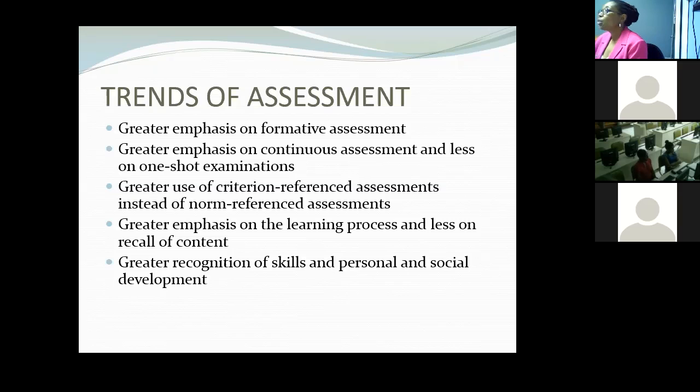Continuous assessment could also be summative. Doesn't have to be formative. All right? So when we say we have continuous assessment, it means that it's ongoing. But it could be ongoing summative assessment, meaning at the end of a unit or whatever the units are, you have a unit test.